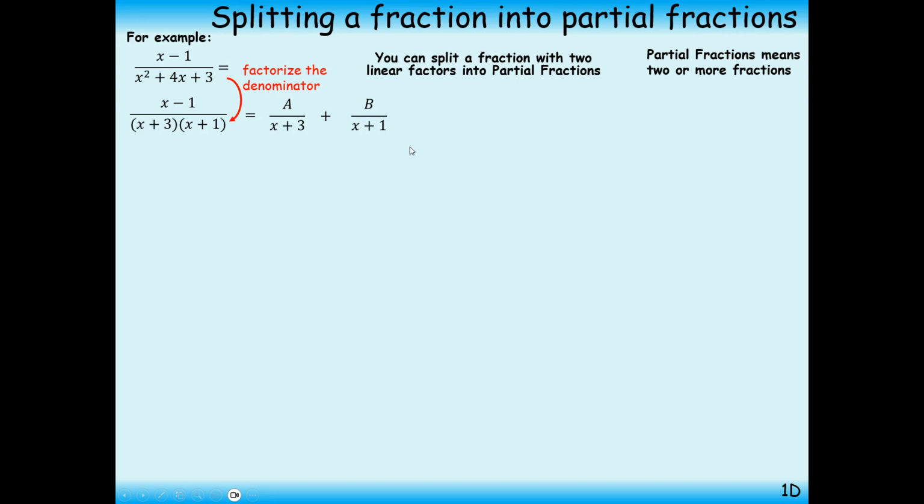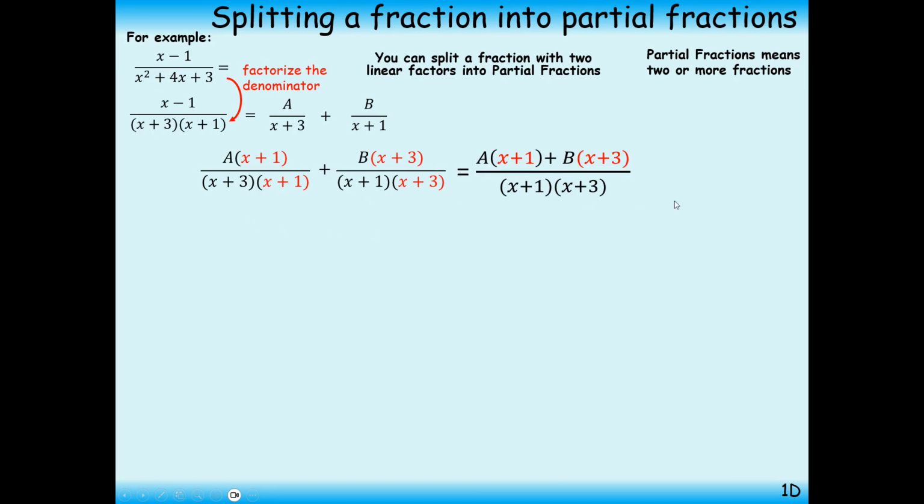We would have to cross multiply them to get a common denominator, and we would have written the denominator only once. Once you've done these two steps, what you should recognize is that the denominator of this fraction here is exactly the same as the denominator of the factorized form of our question.